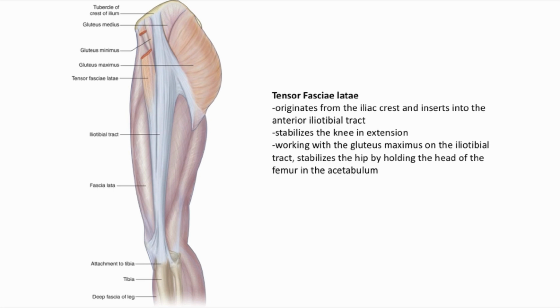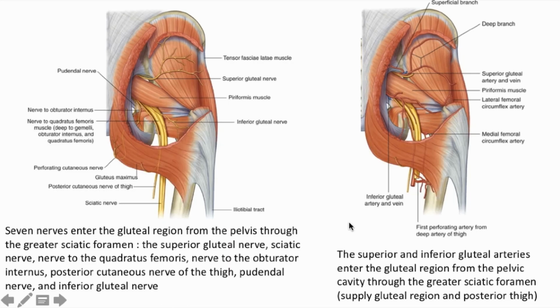The important thing about the tensor fascia lata is that it originates from the outer margin of the iliac crest, and the muscle fibers descend to insert in the anterior aspect of the iliotibial tract. It stabilizes the knee in extension and works with the gluteus maximus on the IT tract lateral to the greater trochanter, and stabilizes the hip by holding the head of the femur in the acetabulum. It's innervated by the superior gluteal nerve.